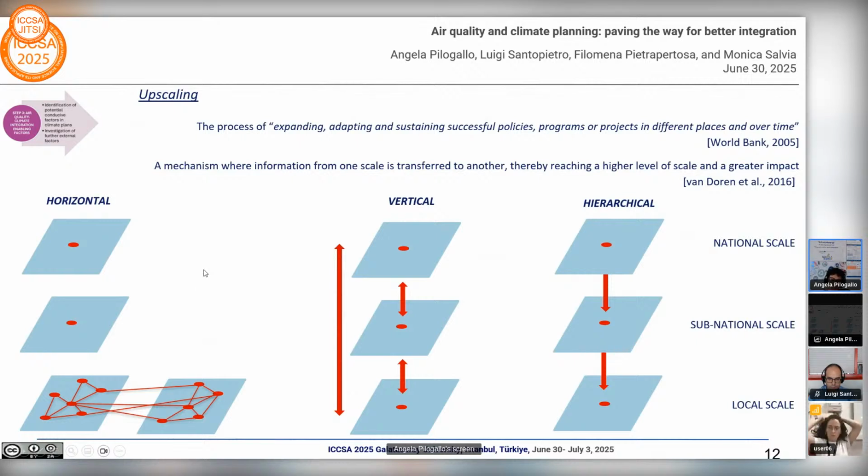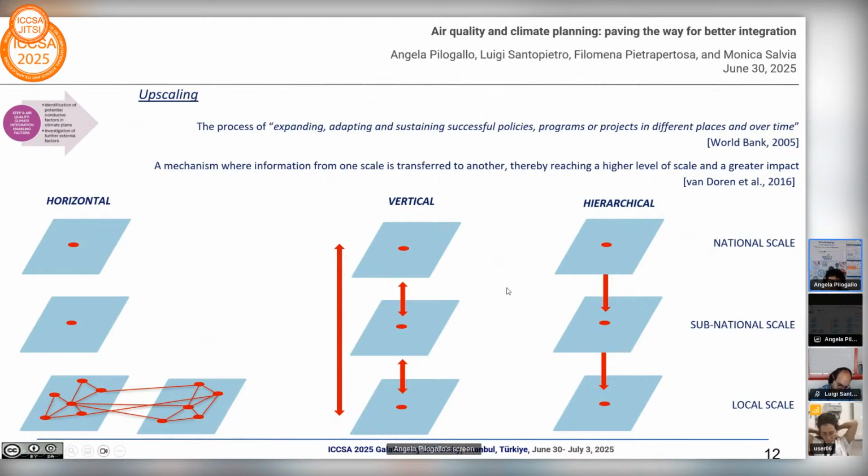The vertical upscaling is based on a mutual policy dialogue between several governance levels, and it is related to all the kinds of support that a higher governance level can provide to municipal and local authorities.